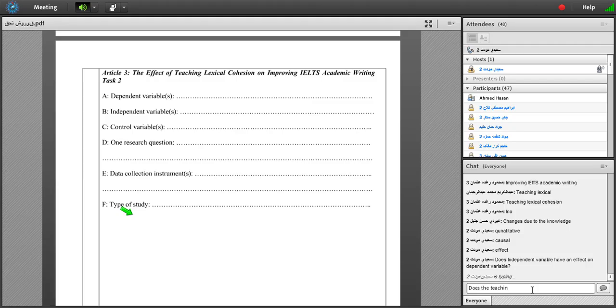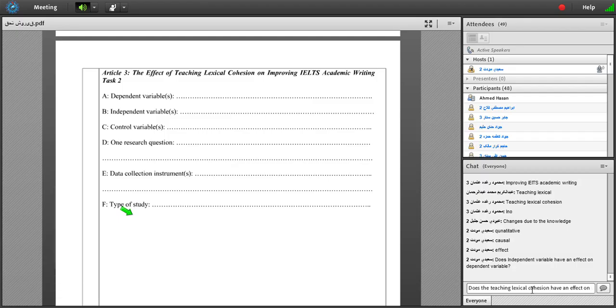So we write does, and what is the independent variable? Teaching. Does teaching lexical cohesion have an effect on the dependent variable, on IELTS academic writing task 2?